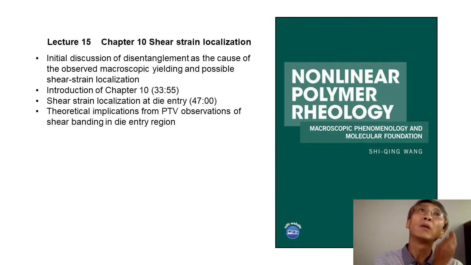And subsequently, I will move on to chapter 10, which describes further about strand localization, mainly in geometries dominated by shear, and describe particularly the case of strand localization at the die entry. I will also inject some comments about the theoretical implications when such a strand localization is observed in die entry.